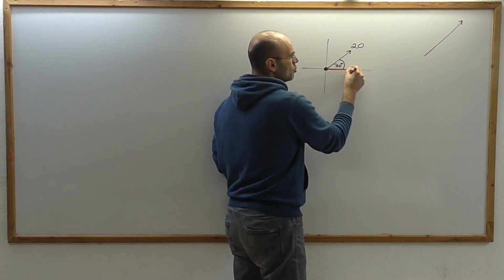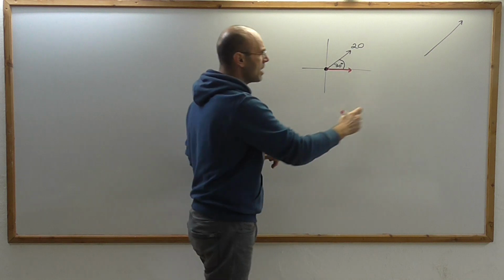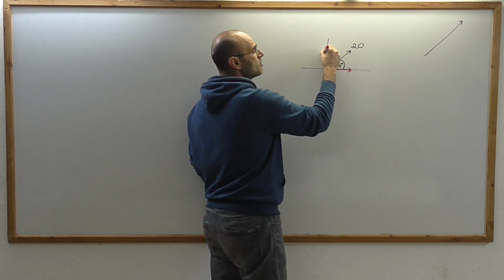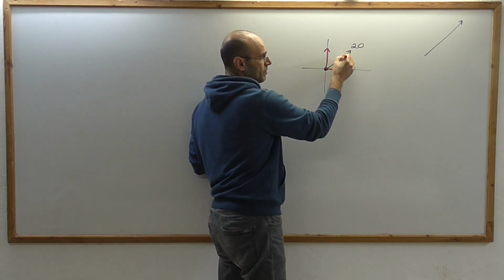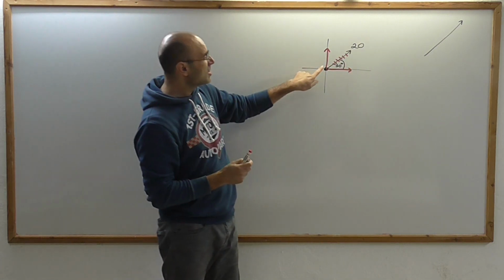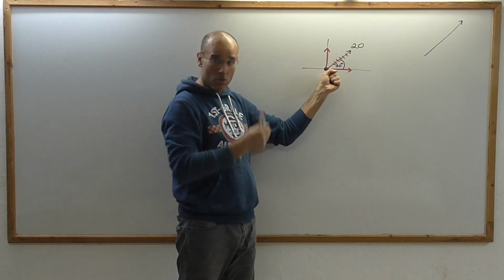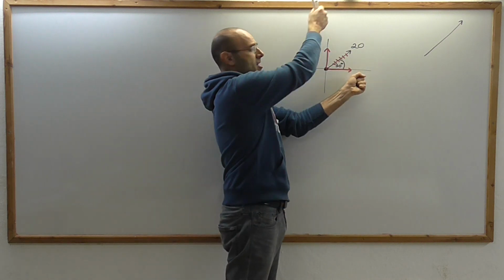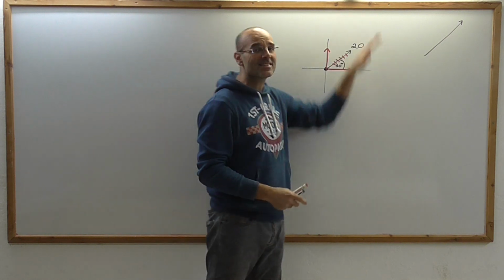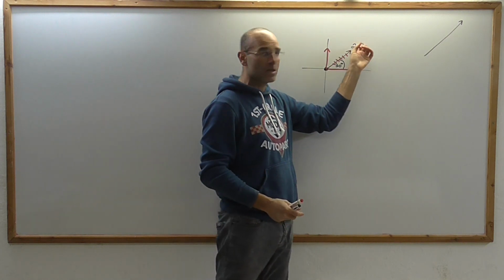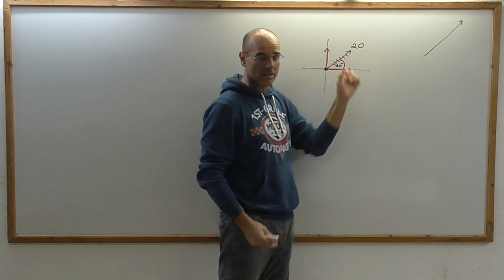One person should pull it to the right, and the other person should pull it upwards instead of this one. So instead of pulling it here, I can pull it both simultaneously here and there, and the ball will feel exactly the same as if it was pulled by 20 at this angle.